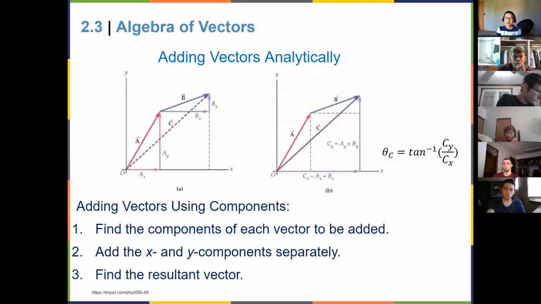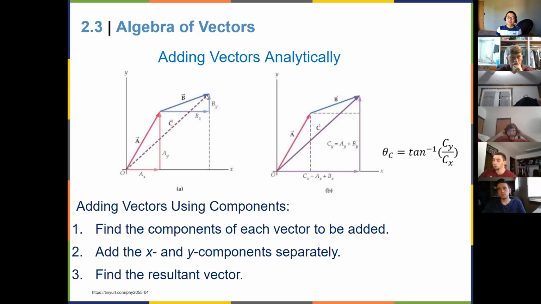This time we will talk about the analytical addition of two vectors or more, maybe three vectors, etc. For example, in the figure on the left, if you are doing vector A plus vector B, you move vector B parallel over, so the tail of vector B is at the head of vector A. Then the resultant vector is this C vector, in purple dash here.